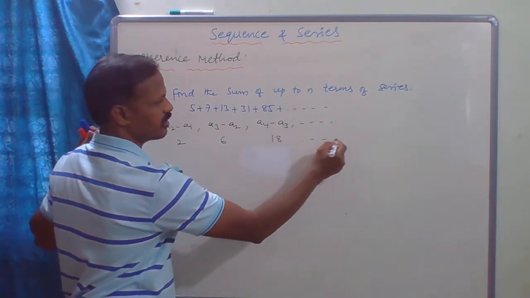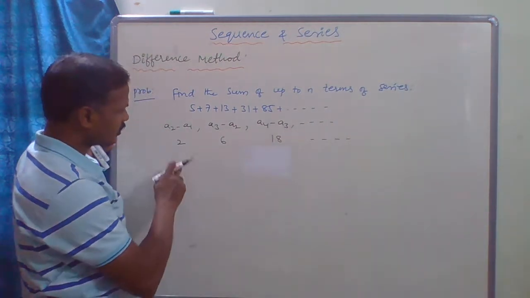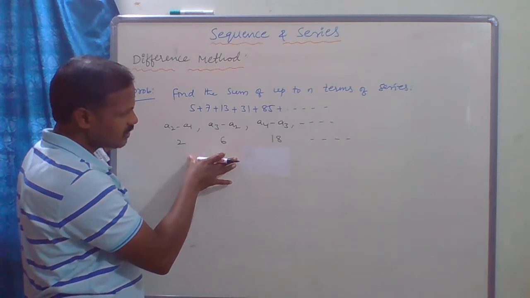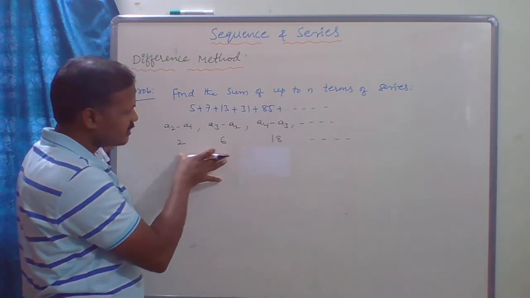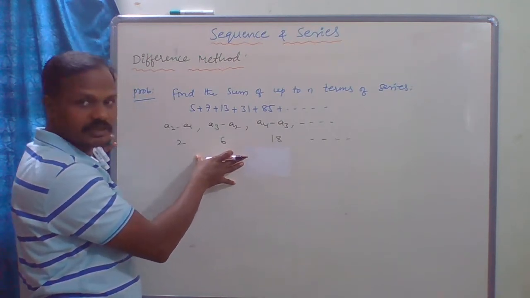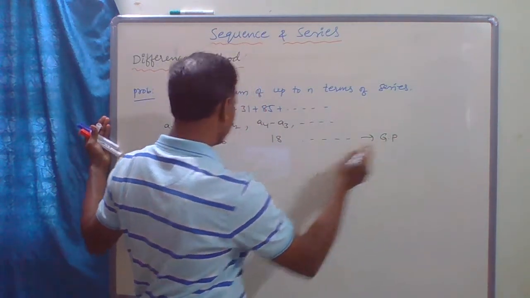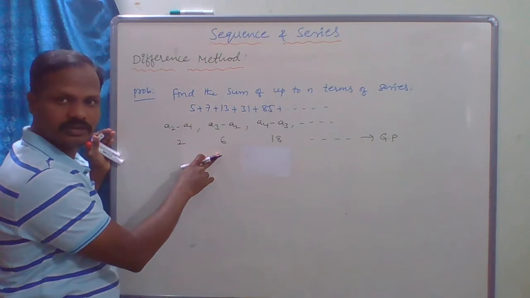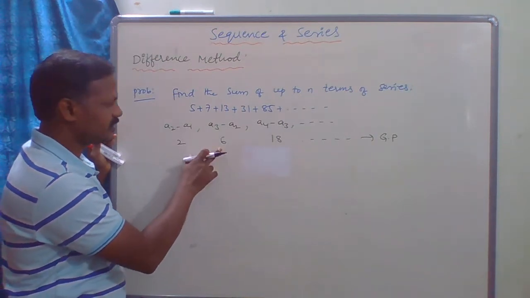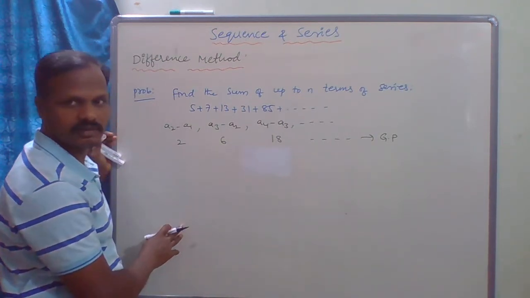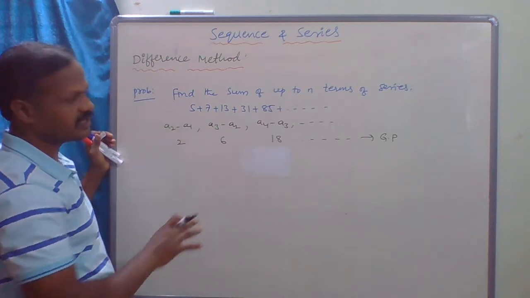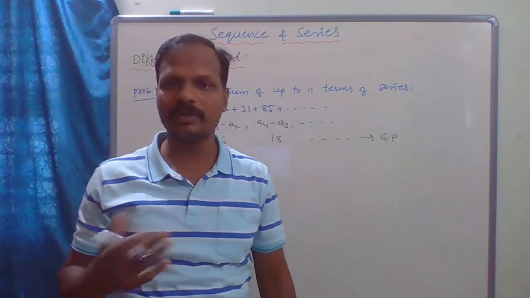If you observe these terms, they are in GP with common ratio 3: 2 times 3 is 6, 6 times 3 is 18. So if the differences are either in AP or GP, we can apply the difference method.